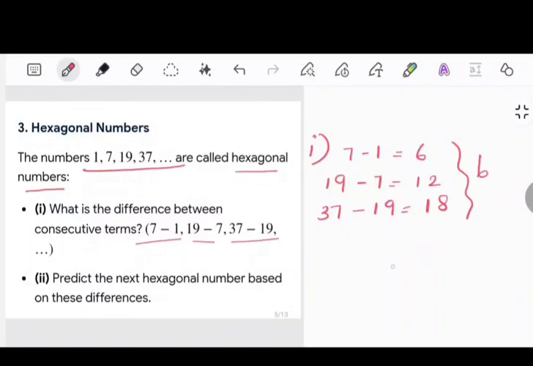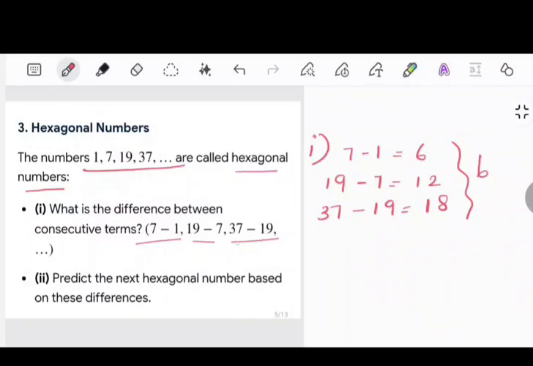So the next difference will be 24, because 18 plus 6 is 24. So the next question: predict the next hexagonal number based on these differences. We can add 24 to the last number.